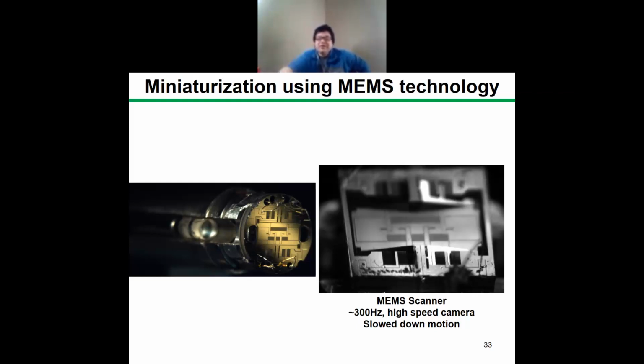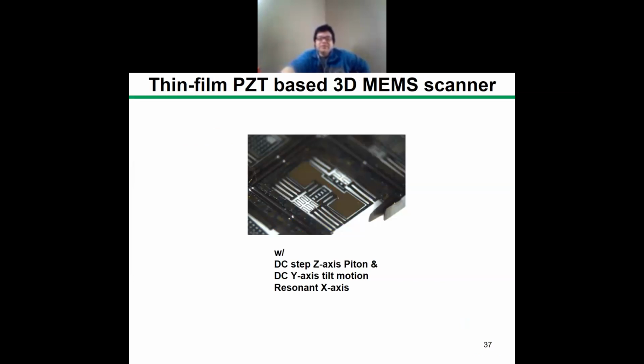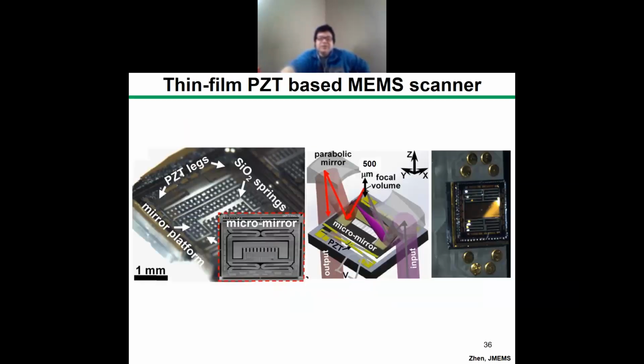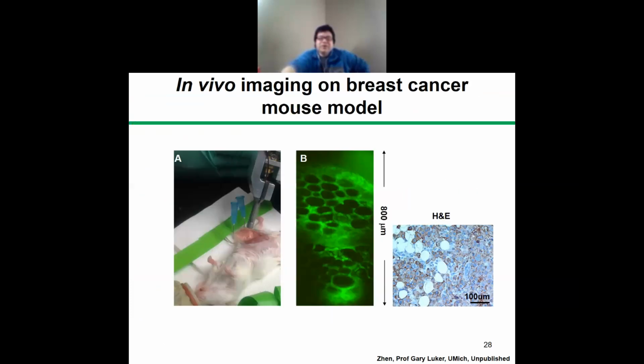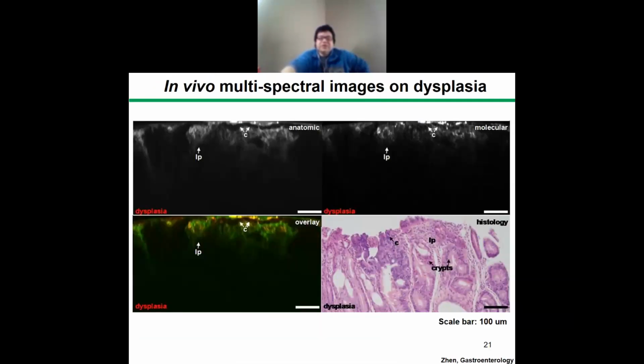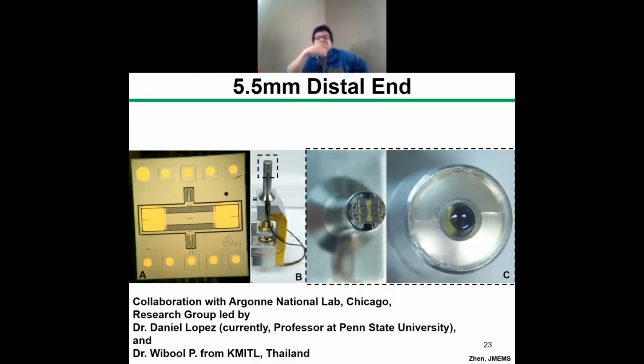Actually, we have the scanner, which is built by like this one. I show you the one we built in Argonne. This one we already outsourced, so it can be made in Germany, mass produced. And we have so many different modality MEMS scanners, like even electrothermal and thin film piezo driven.